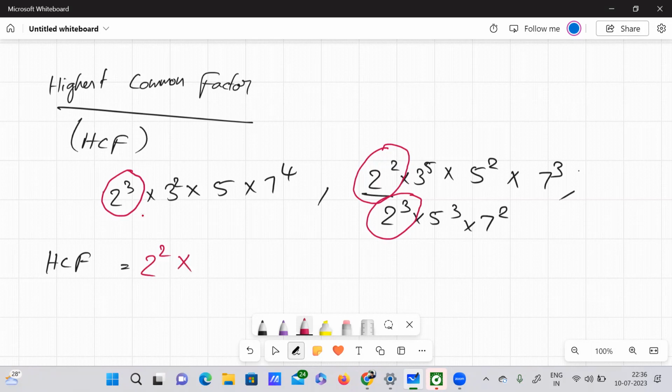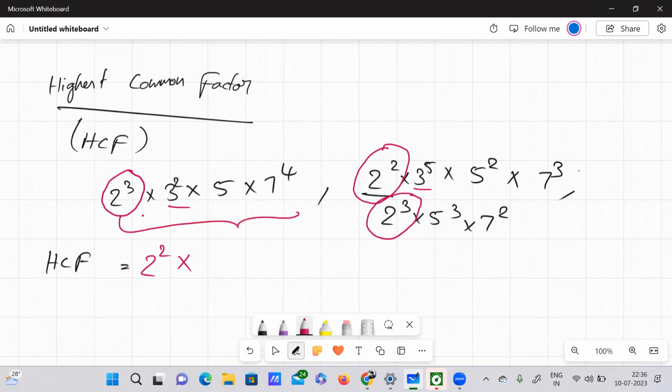And then what is the next number in the row? That is 3 square, right? So can we at least expect 3 square in each of the sets? Here we have 3 square. Okay, and here also we can at least have 3 square in this 3 to the power of 5, right? But we don't have any 3 power item in this particular set. See here we have three sets, right?